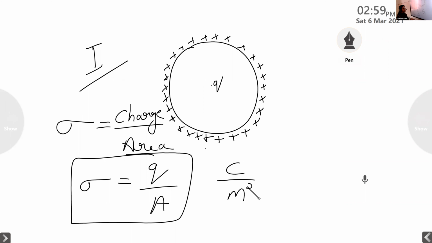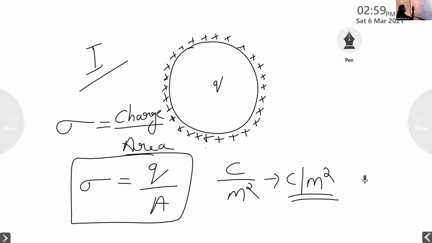So the unit of surface charge density is given by Coulomb per meter square. Okay, so we have discussed two cases: one is linear charge density and the other is surface charge density.